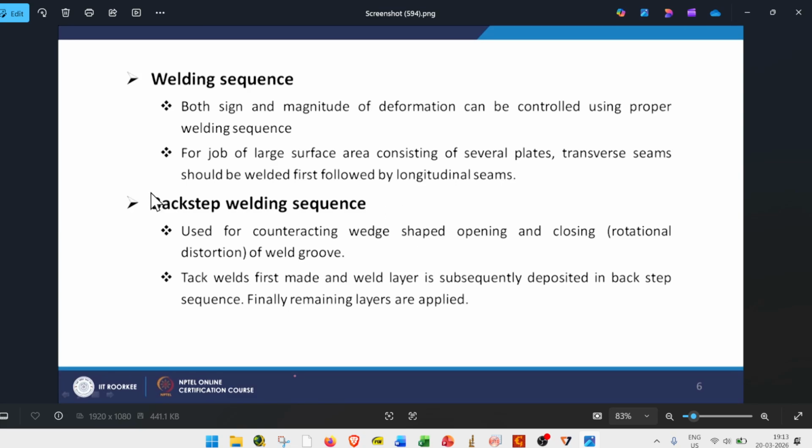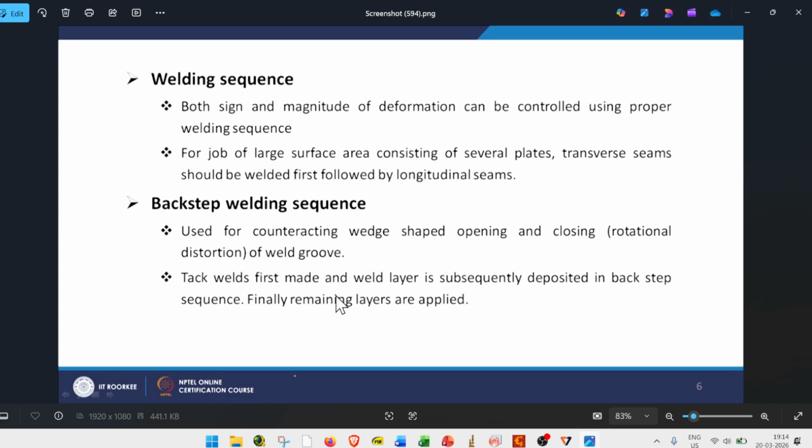Next is the backstep welding sequence, used for contracting the weld shape, and the opening and closing and rotational distortion of the weld grooves. The tack weld is first made and a weld layer is subsequently deposited in the backstep sequence. Finally, the remaining layers are applied.